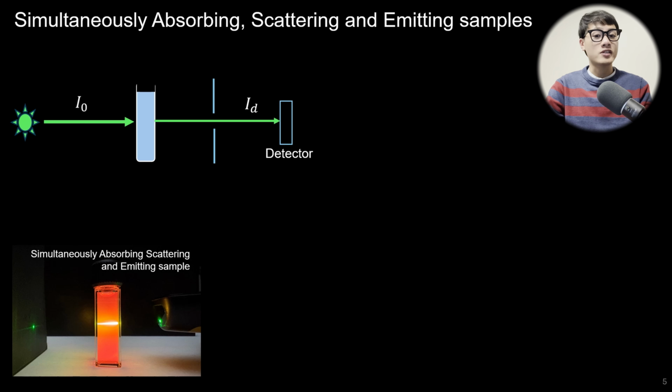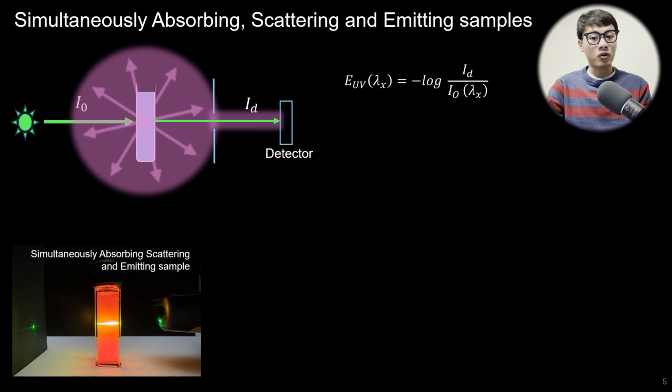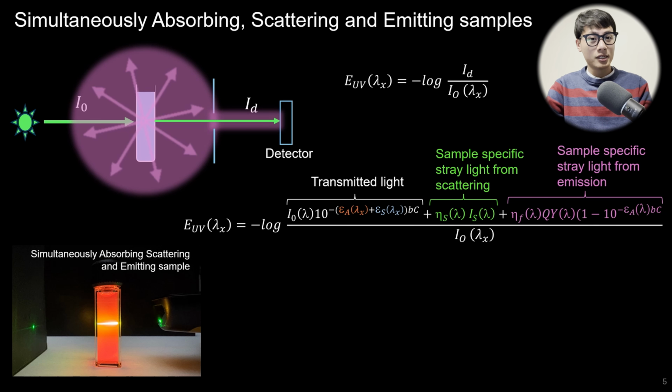As with all previous cases, the UV-Vis instrument does not discriminate among these photon types. It simply detects whatever light reaches it and calculates the extinction. This means that I_D can now include the transmitted light, the scattered light that happens to reach the detector, and the fluorescence photons emitted by the sample.